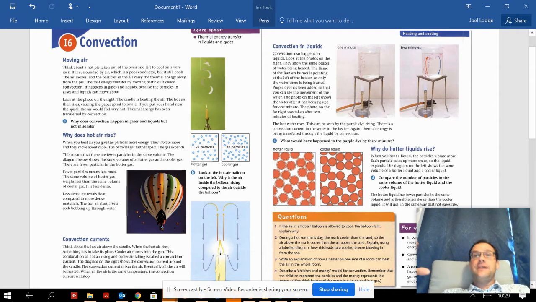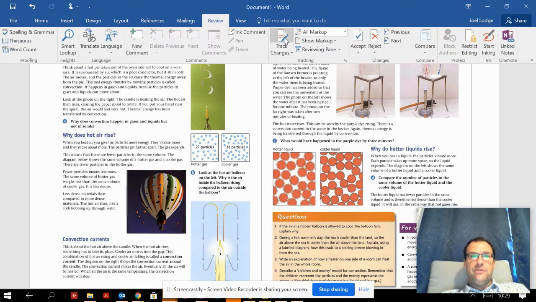Inside the hot air balloon there is a big flame, and you can turn it on and heat all of the gas inside the hot air balloon. So all the particles inside the hot air balloon move further apart. As they move further apart, they take up more volume, they become less dense, and they become less dense than the air outside of the balloon.